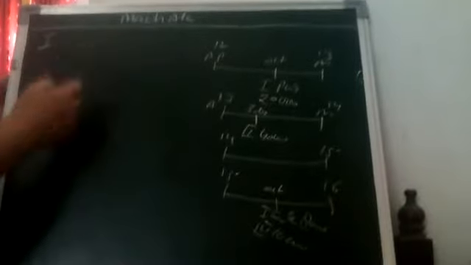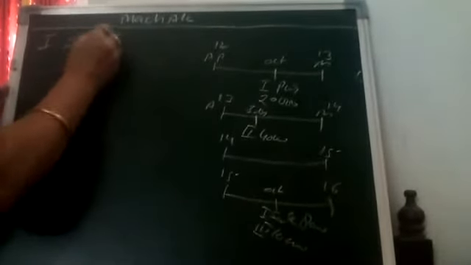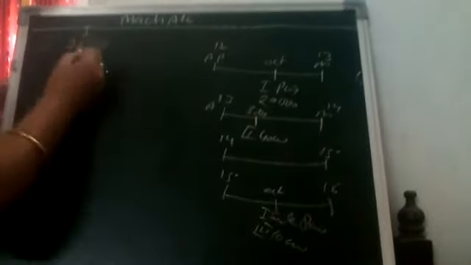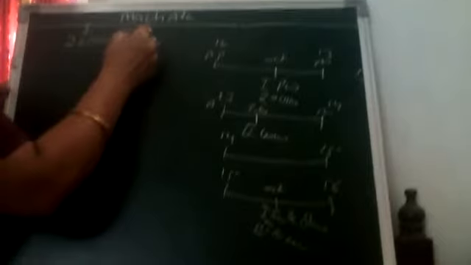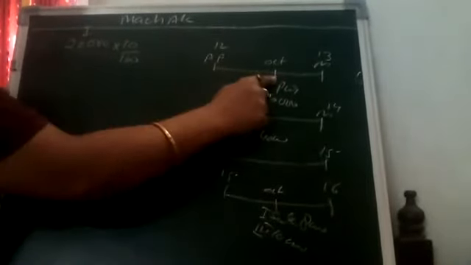Okay. So let's see. First machinery was purchased for 20,000. Here we are doing calculation for first machinery. Okay. And 20,000, 10% is the depreciation rate. See how much time period the machinery is used.